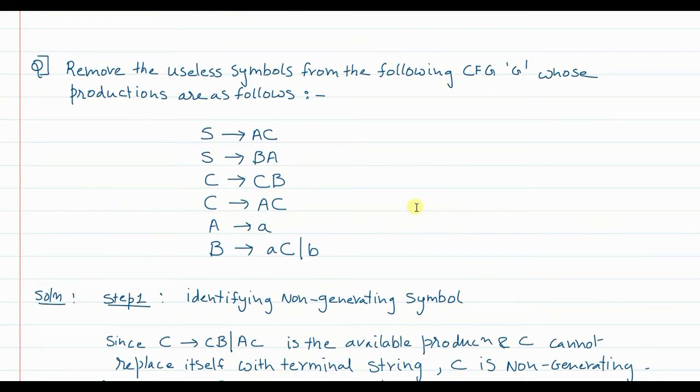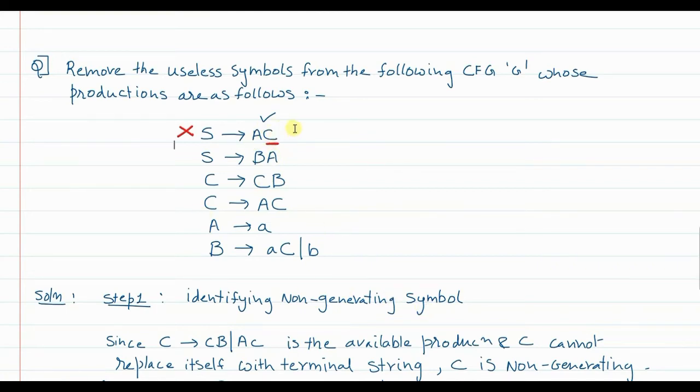Now, if you consider this term, S gives AC. Since C is involved here, I will have to remove this particular production. Now, a student might say, sir, are you removing a start production? No, I am not entirely removing the start production. I am just removing one term of the start production.